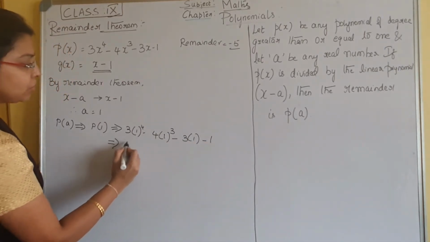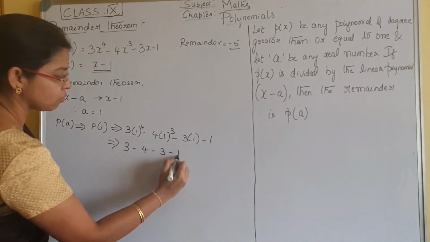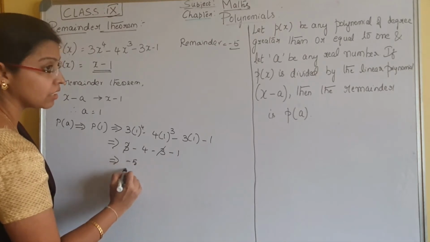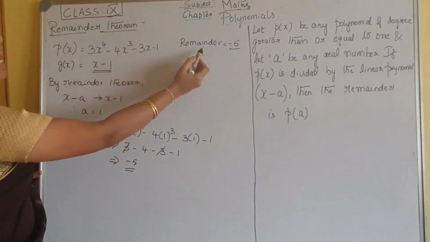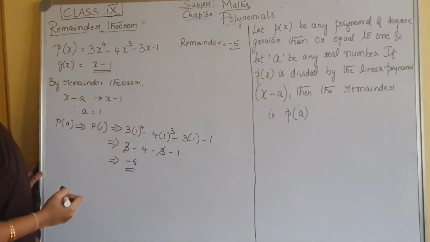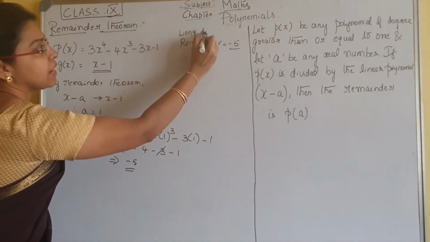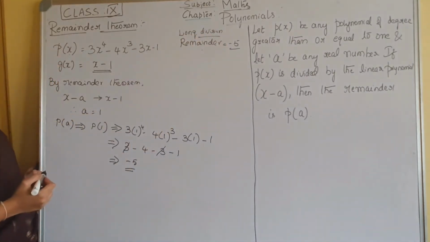This will give you 3 minus 4 minus 3 minus 1, which is -5. So we have got the remainder value as -5. Even by the long division method, we had got the remainder as -5. This is by the long division method and this is by the remainder theorem. So in just 2 steps you get the remainder value.